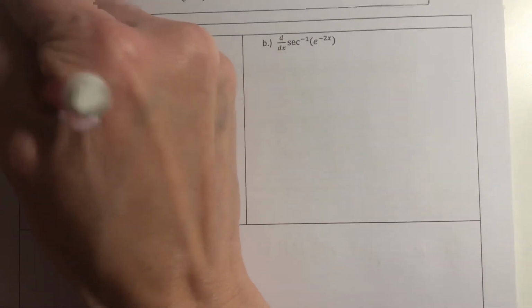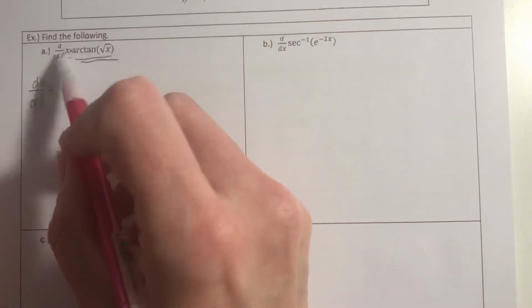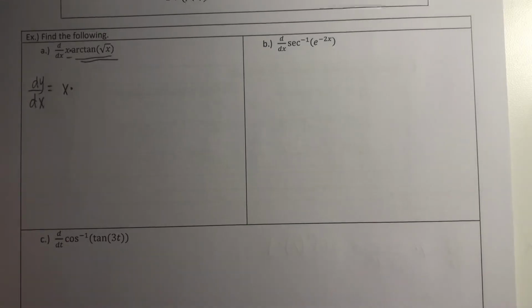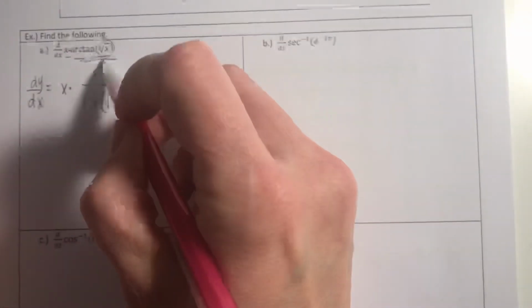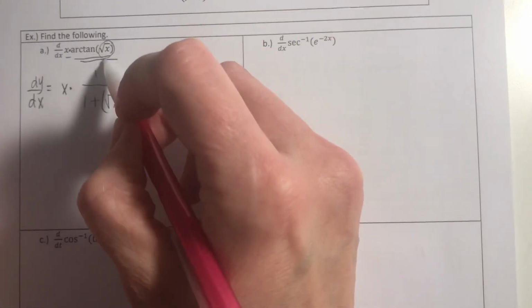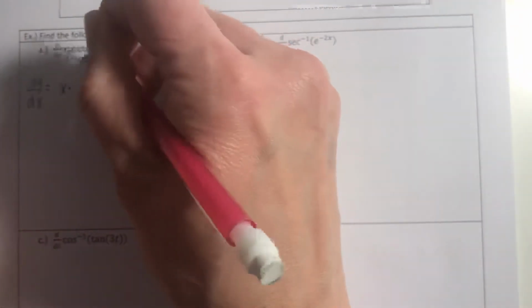So we have dy/dx is equal to the first term times the derivative of arc tangent of x, which is going to be 1 over 1 plus, and this is our inside function, so we're going to leave that the same. So it's going to be the square root of x squared, times, since we do have an inside function, we have to multiply by the derivative of the inside function. If you want to think of this as x to the 1/2, we're going to put 1/2 x to the negative 1/2 power.